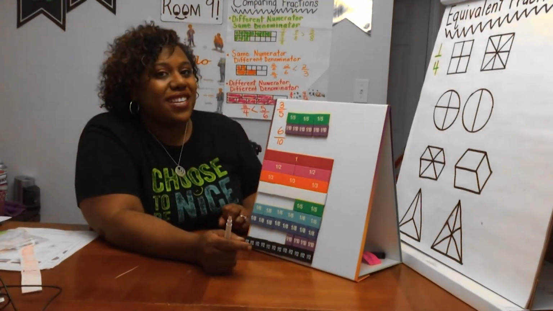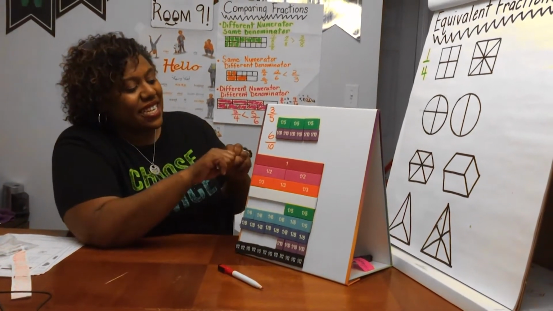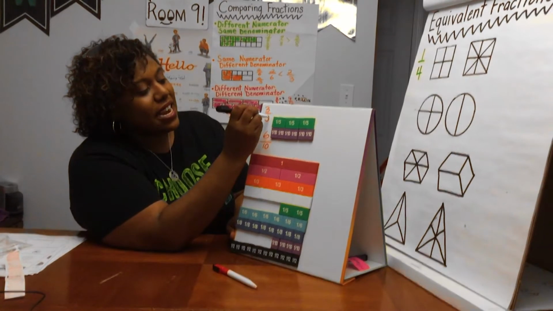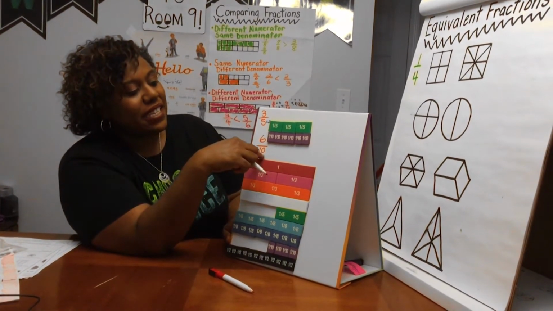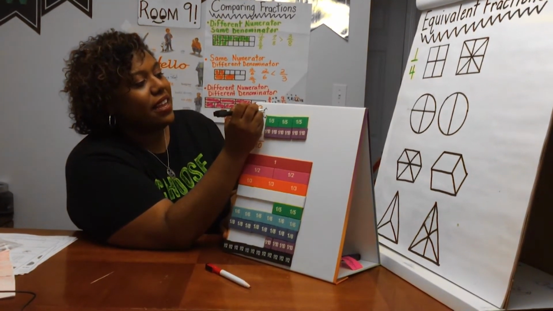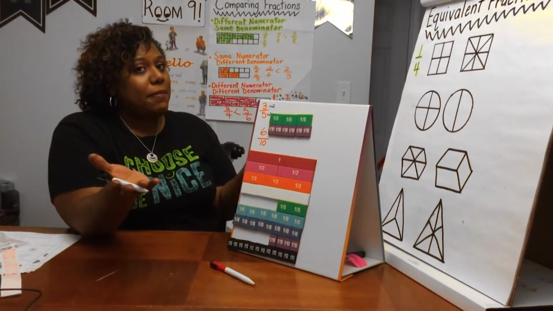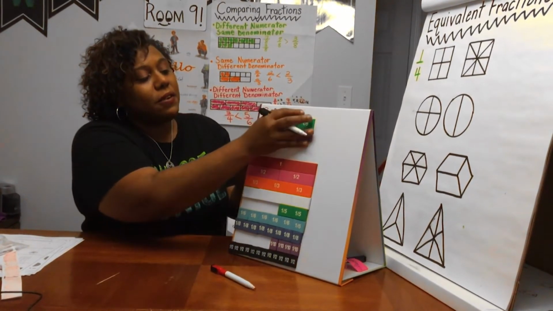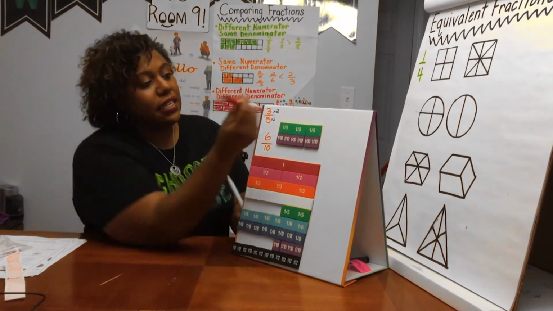Well, what do you notice? I thought you would catch on to this. You know that if you multiply the denominator 5 times 2, you are going to get 10. And if you multiply your numerator by 2, because whatever you multiply your denominator by, you have to do the same to your numerator, you're also going to get 6.